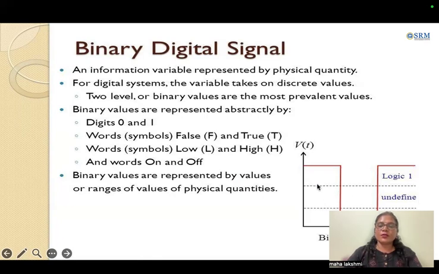In-between values are known as undefined values. This is the high level, logical one, and this is the low level, logical zero. This is a representation of a binary digital signal in terms of two discrete values, or two physical quantities alone. Thank you all for listening.